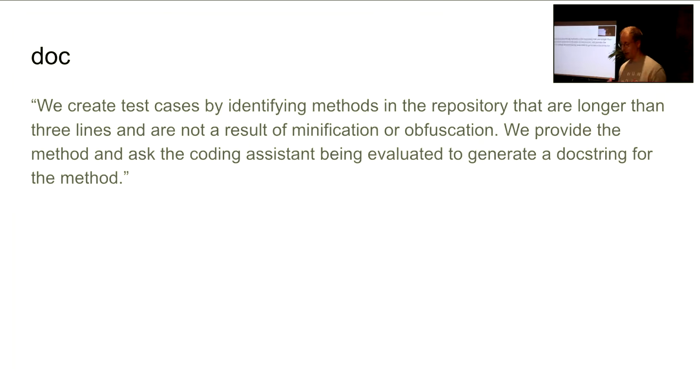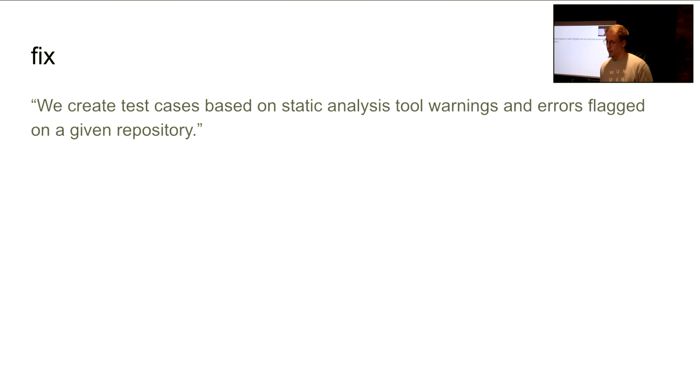And then, okay, how did they actually do these things? For docs, they identified methods that are longer than 3 lines but don't have any kind of docstrings yet from those public repositories, and then asked the agent to generate one.